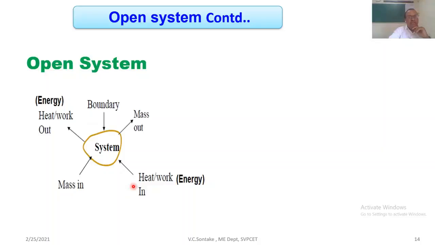Energy can enter in the form of work and leave in the form of heat, and can enter in the form of work and leave in the form of another type of work. So all these combinations are possible for mass transfer and energy transfer in case of an open system.